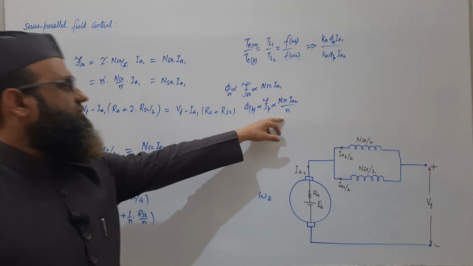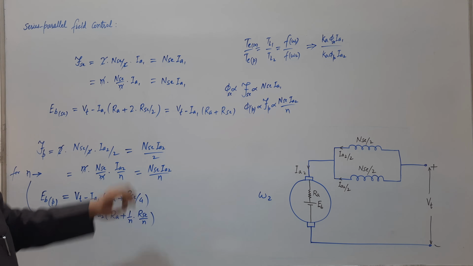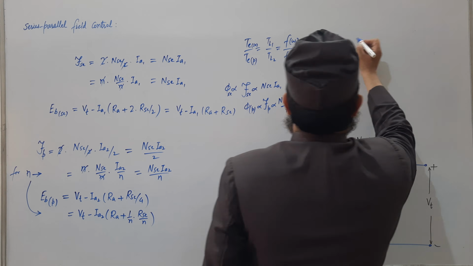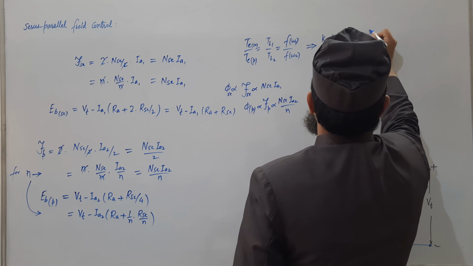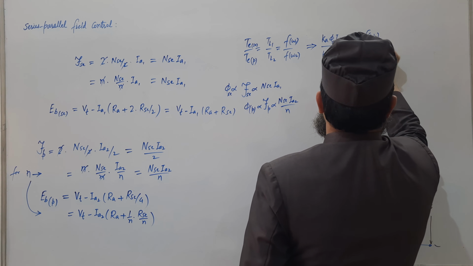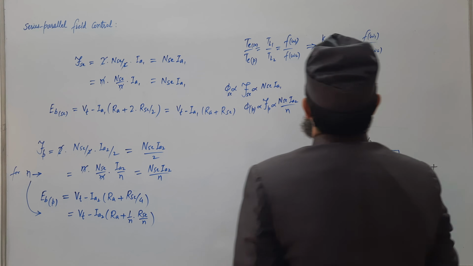If we put n equal to 2, it will be this. So this may be written as f omega 1 upon f omega 2.